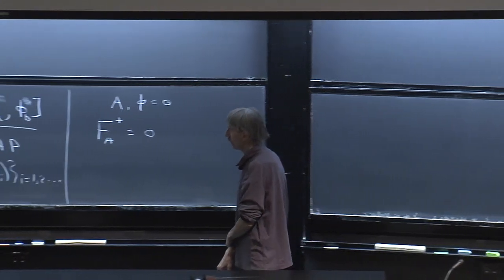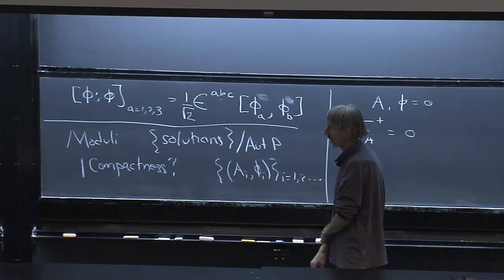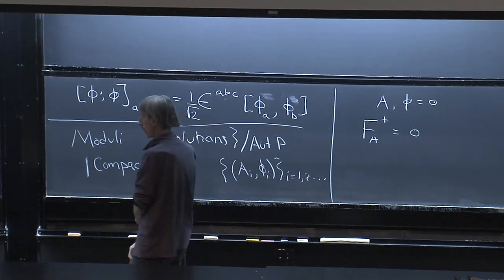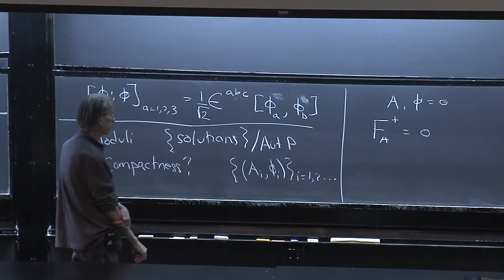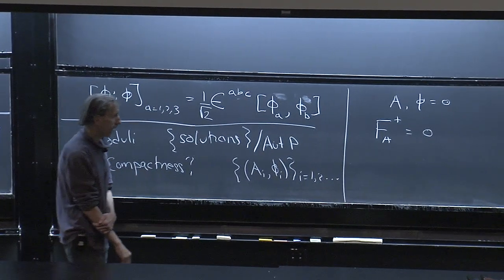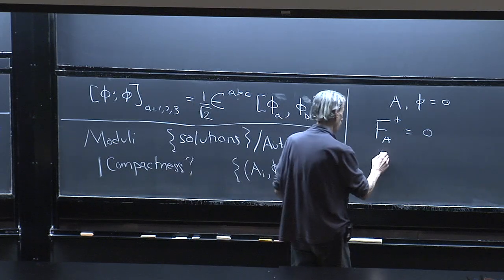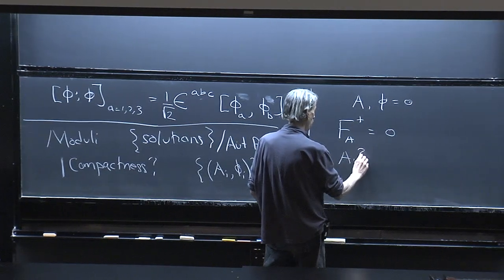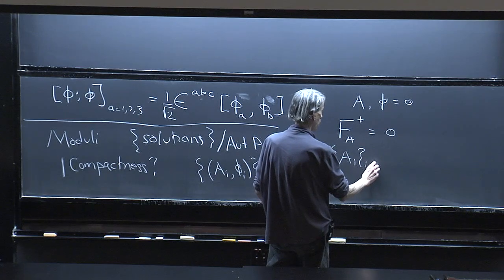And so Donaldson was faced with exactly the same issue, that you had formally a nice moduli space, and you ask what happens if you have a sequence of solutions of these equations.